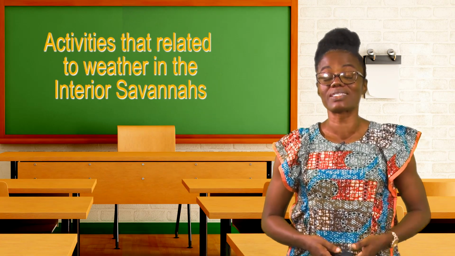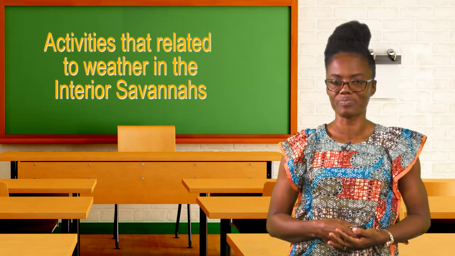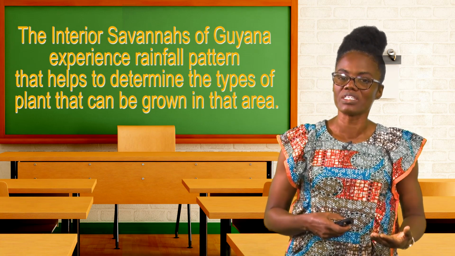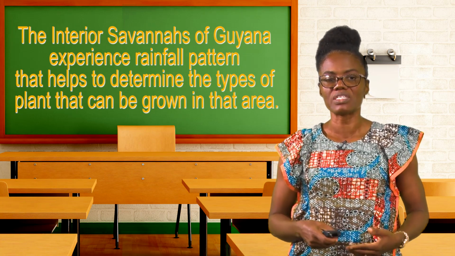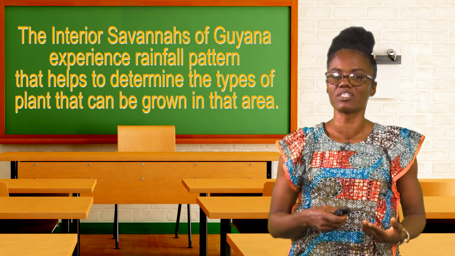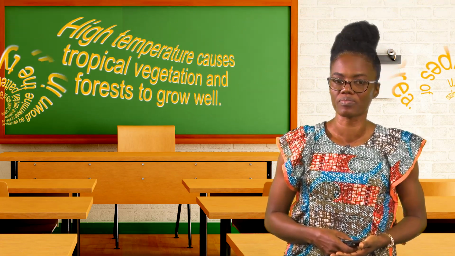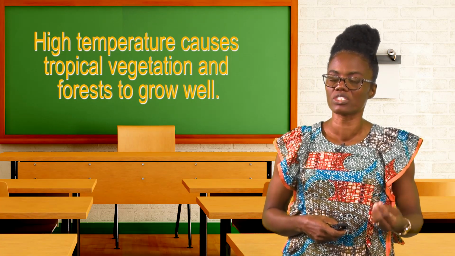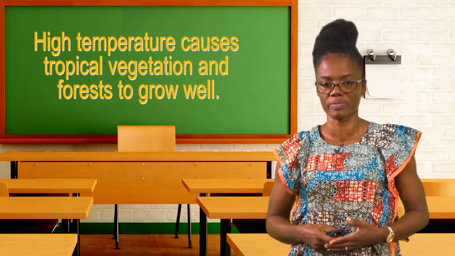Next, we will look at the interior savanna. The interior savannas of Guyana experience rainfall pattern that helps to determine the types of plant that can grow in that area. High temperature causes tropical vegetation and forests to grow well.